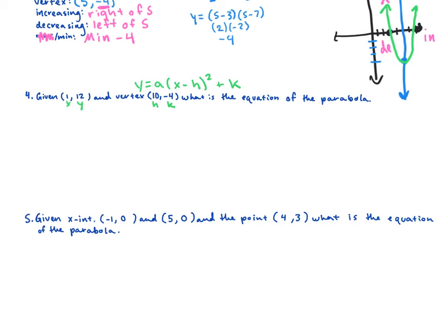So our y is 12. Our a, we don't know yet, so we're going to have to solve for a. Our x is 1, minus h, which is minus 10, and then plus k, which is minus 4. So we have 12 is equal to a times 1 minus 10 squared minus 4. And now we solve for a.